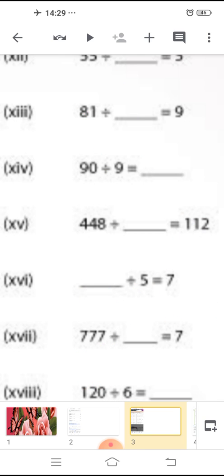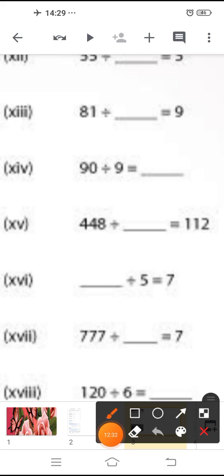So what number is divided by what to give you 7? If we divide 777 by 111, that will give you 7. Understood?